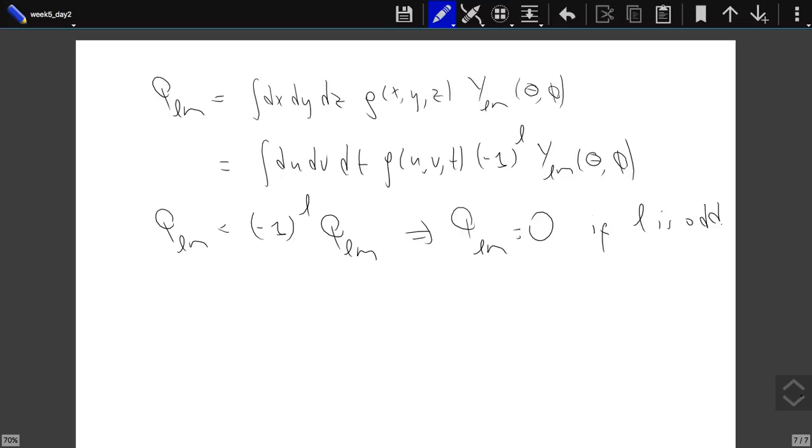Deformation. What does it mean, deformation? What kind? The difference from a sphere. What kind of a difference from a sphere? It's a particular kind of a deformation. Sphere is a monopole. If we deform it, it contains a dipole.